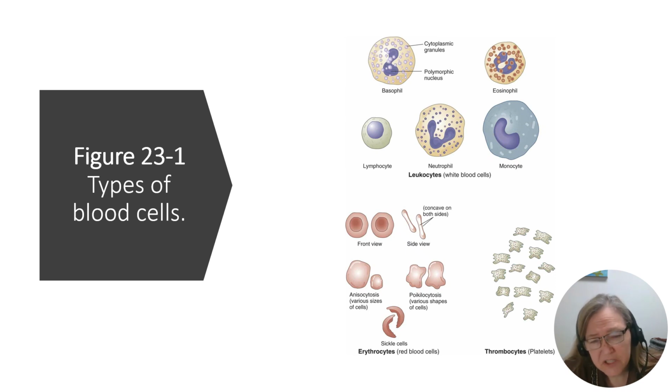So they count them manually, or now they can be counted more quickly with the aid of a computer, and that tells them how many of different types of white blood cells they have, and based on those numbers they know what kind of infection they're dealing with, if they're dealing with a viral illness, a bacterial illness, or sometimes the numbers can tell them if they're dealing with an allergy, or maybe a fungal illness, or some other kind of illness. Also, if certain numbers of the white blood cells are depleted, that tells them a lot.